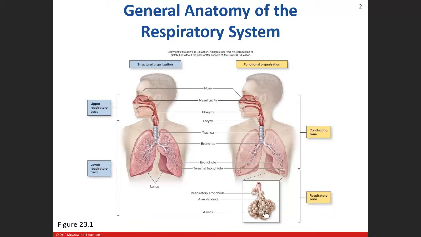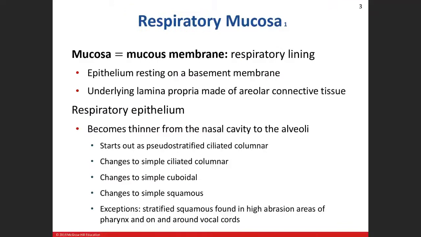It's a very small area when we talk about the functional aspect of the physiology. Physiology of the respiratory system is essentially just gas exchange. Carbon dioxide and oxygen moving across the blood barrier there of the capillary and the alveolar wall. We're going to talk about the actual mechanics of that in lecture, though.